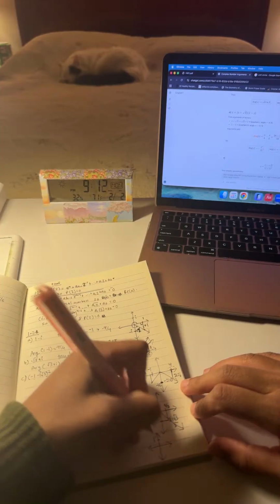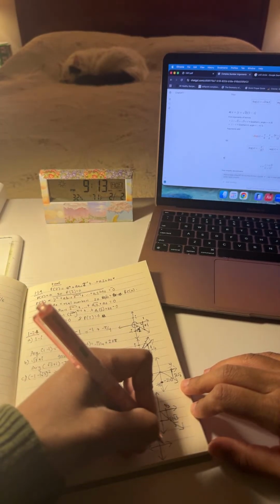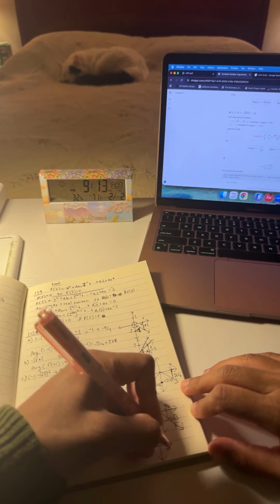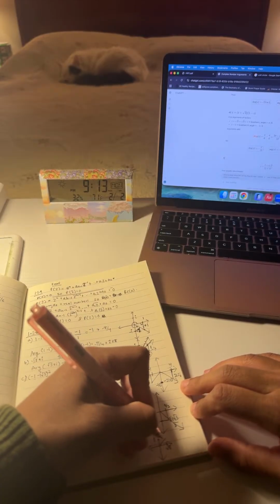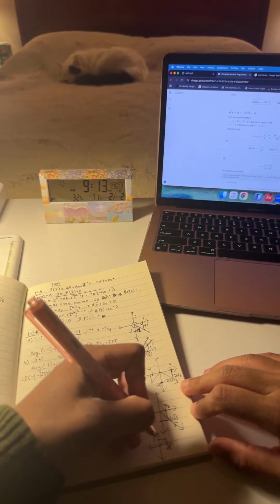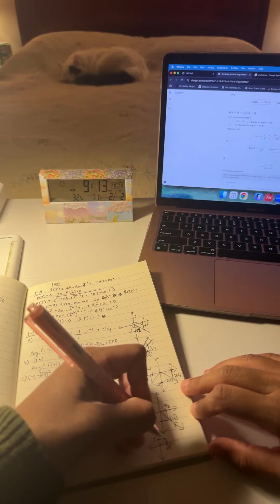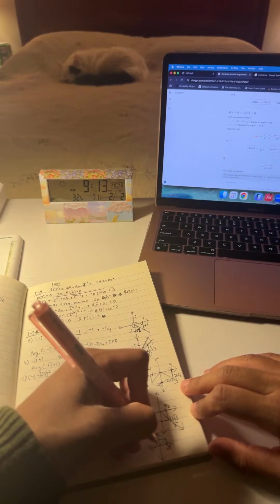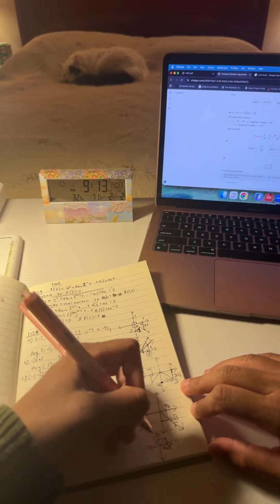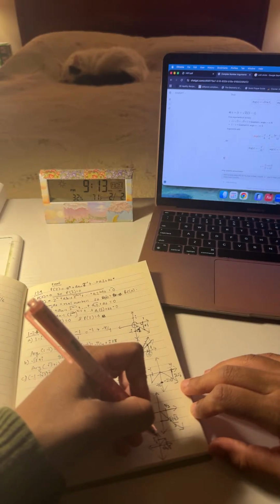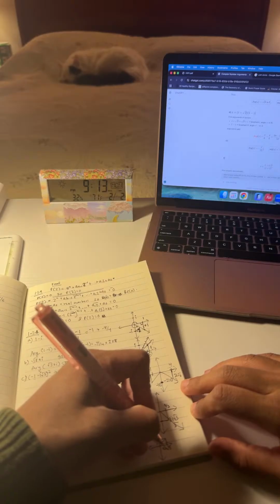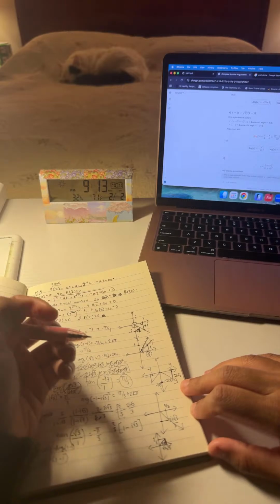Because 1 is over here, and root 3 would be a little higher than 1, so it's root 3 here. So if you have 1 over here, and then root 3 over here, and counterclockwise, it would be like that. This triangle here.